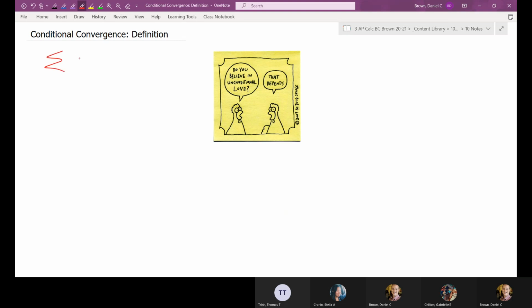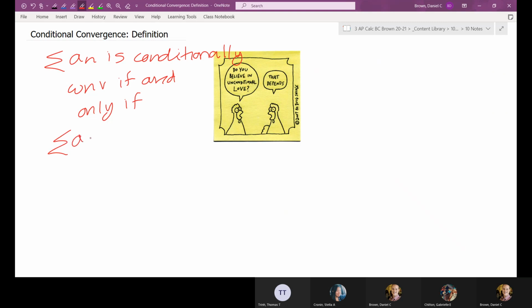We're going to say the series is conditionally convergent if and only if the series itself converges, but the series in absolute value diverges.